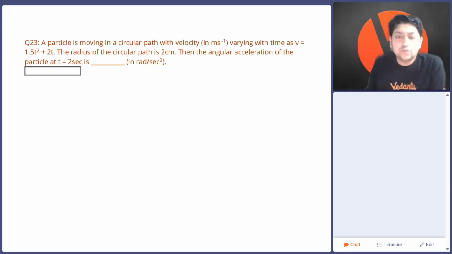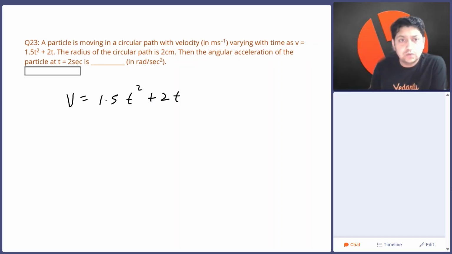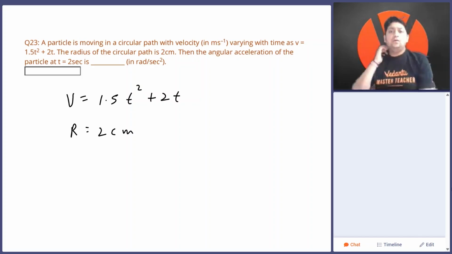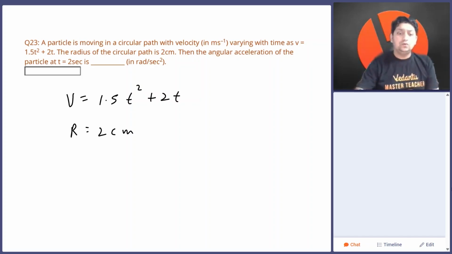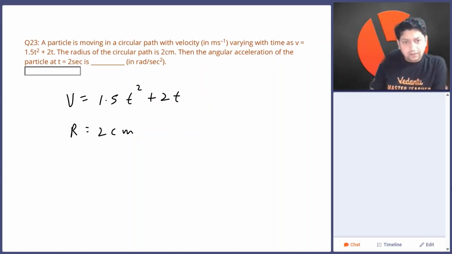A particle is moving in a circular path with velocity varying with time as v equal to 1.5 t square plus 2t. The radius of the circular path is 2 centimeter. Then the angular acceleration of the particle at t equal to 2 seconds will be. Now, angular acceleration we need to figure out.